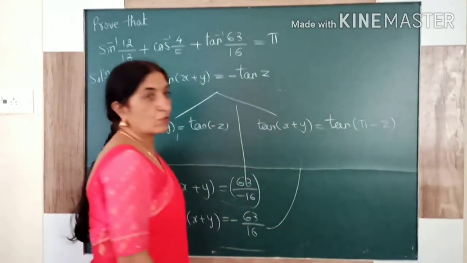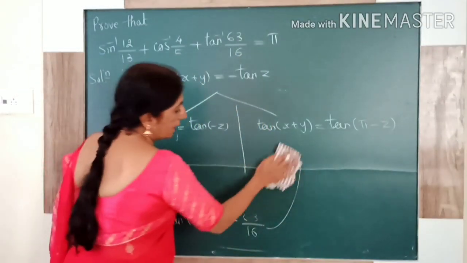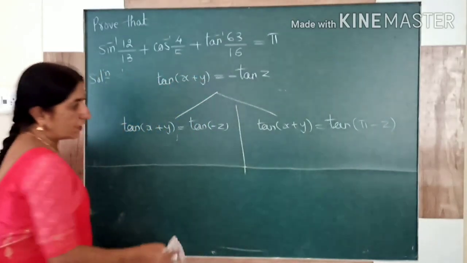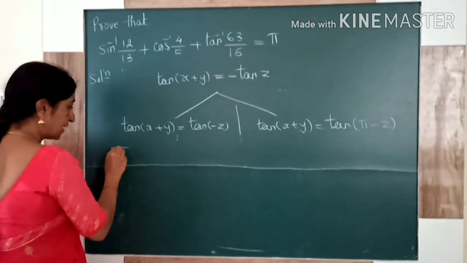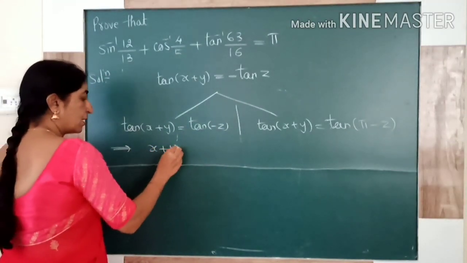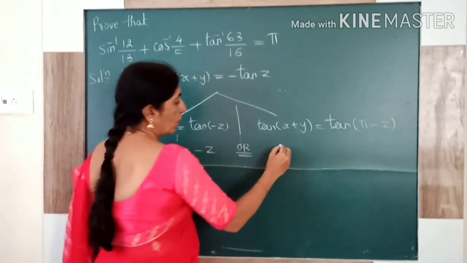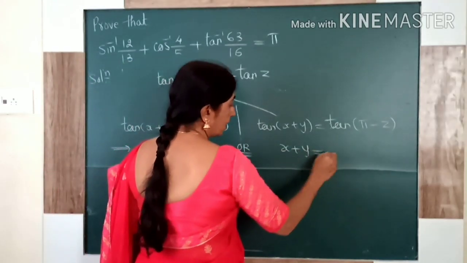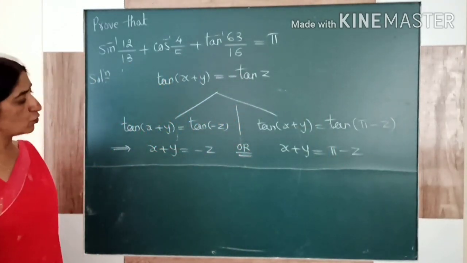Pi minus z means 180 minus theta. It comes in third quadrant. In the third quadrant tan is negative. Now when you are comparing the angles, it will be written as x plus y is equal to minus z or x plus y is equal to pi minus z. That means students we are getting two answers.